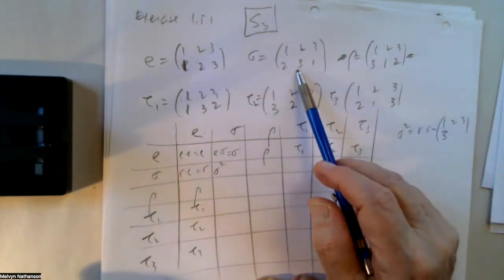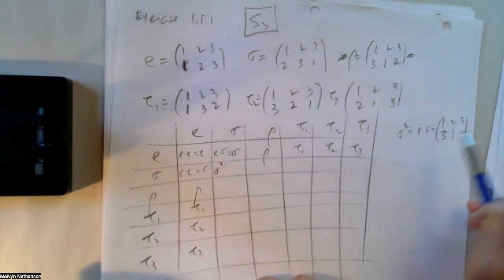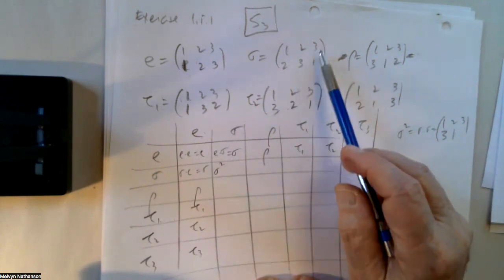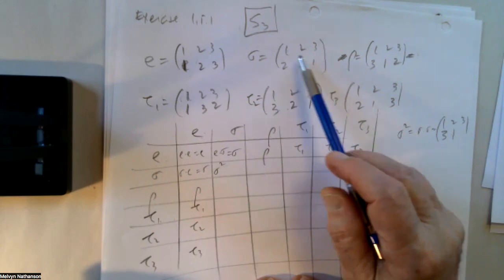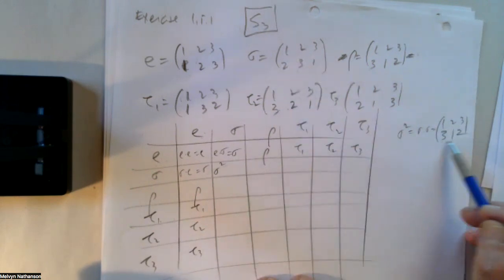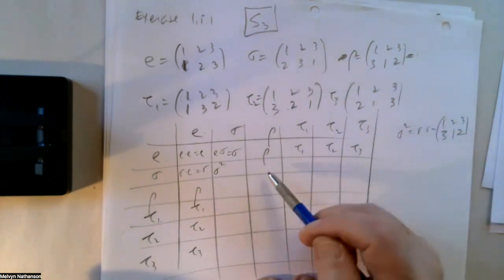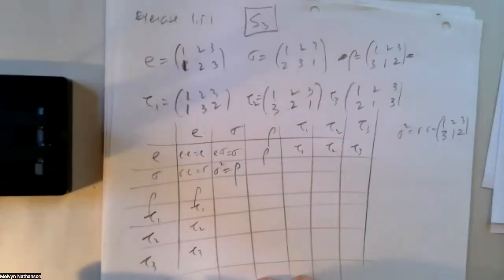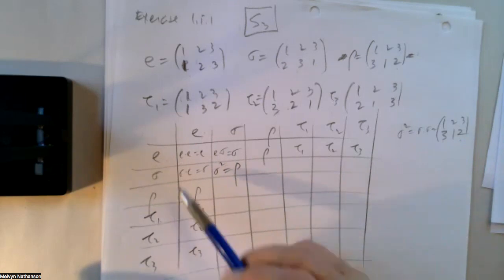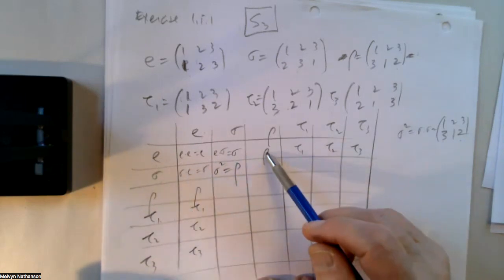Sigma sends 2 to 3, and then 3 to 1, so 2 goes to 1. Sigma sends 3 to 1, and then sigma again sends 1 to 2. You get 3, 1, 2. That's rho. So sigma squared is equal to rho. Right? What's sigma times rho?